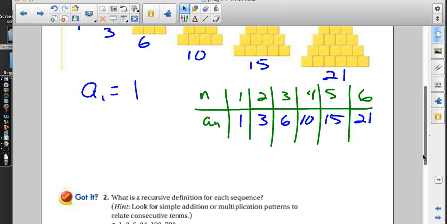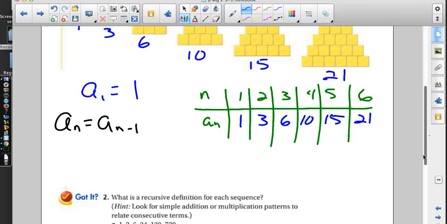This. That's 1 plus 2. That's 3 plus 3. 6 plus 4. 10 plus 5. So here's what we have to think. This is recursive. I need to tell them something about the previous term.